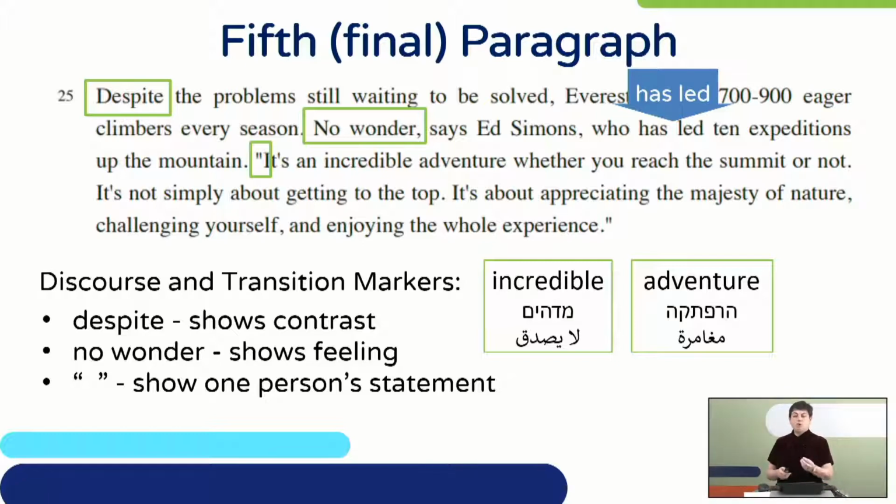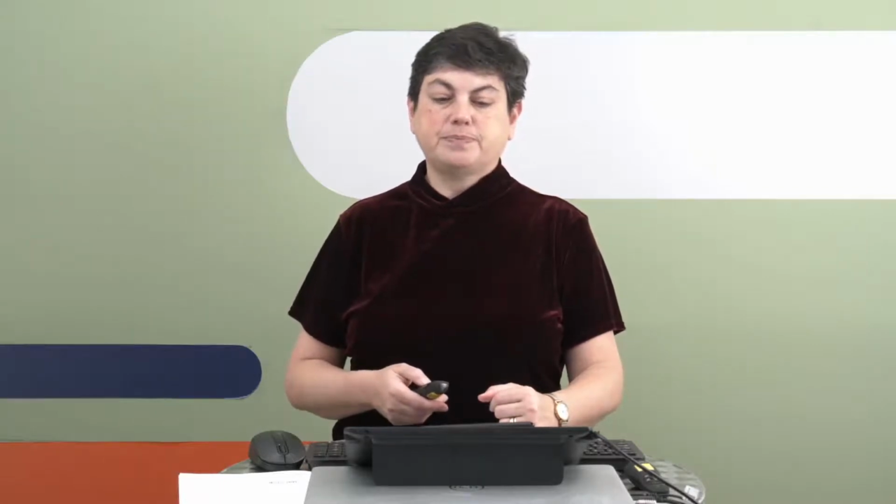So we've got more marks that show us what's going on in the text, why this is an important person to listen to, why he might have been interviewed, and what he has to tell us. These details connect to that connector "despite the problems." We had 2 paragraphs full of problems. And he's saying, even though there are problems, you should still want to do it. It's still exciting and worthwhile.